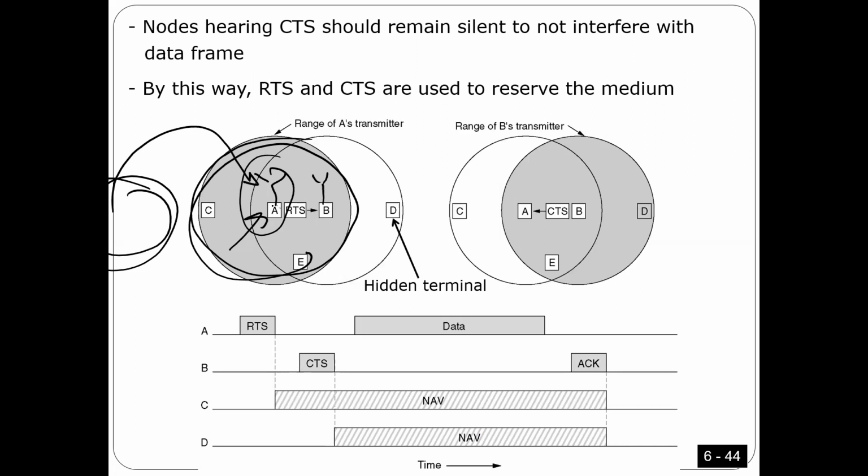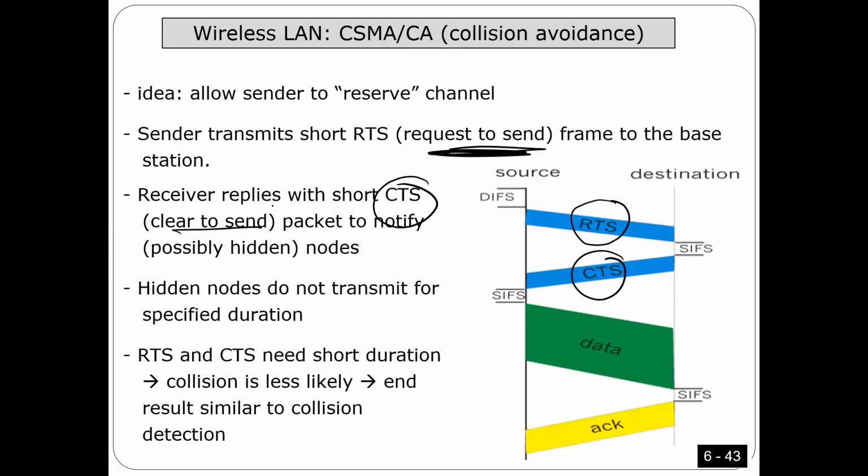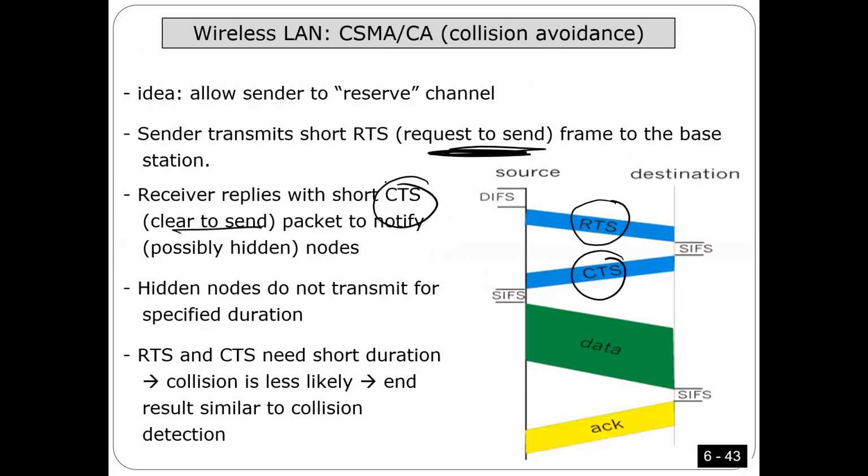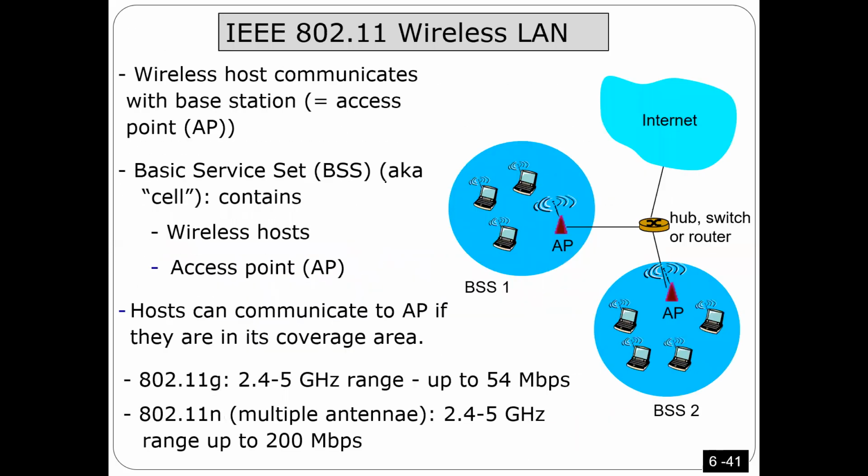Okay. If everything is good, I guarantee there is no collision. So does that mean this one is collision free? The answer is no. As I'm going to explain later, in random access we always have collision. But what we are doing is trying to reduce the collision by a lot, and we're successful at that.